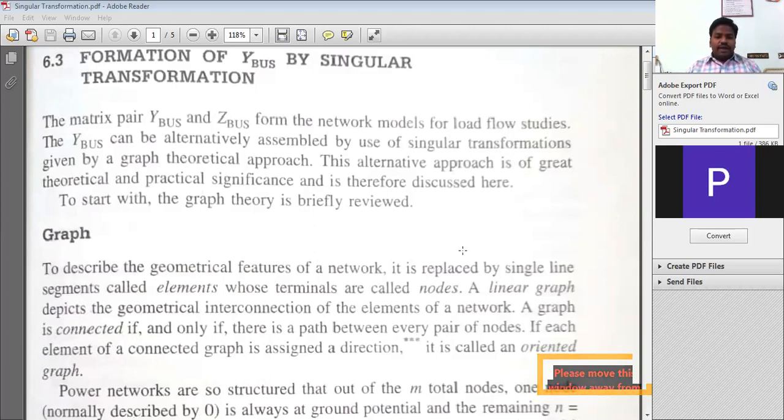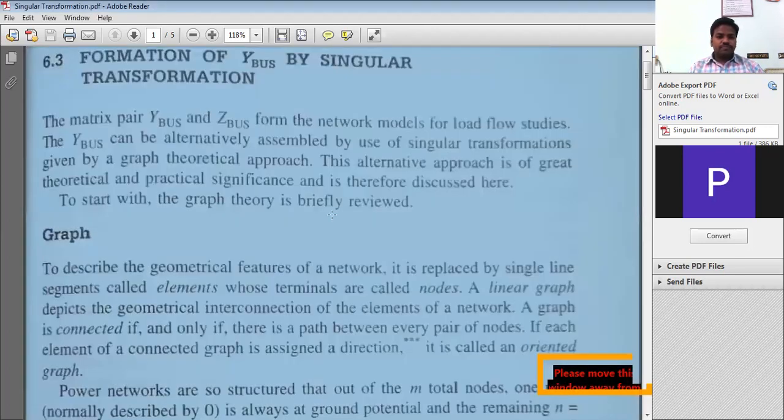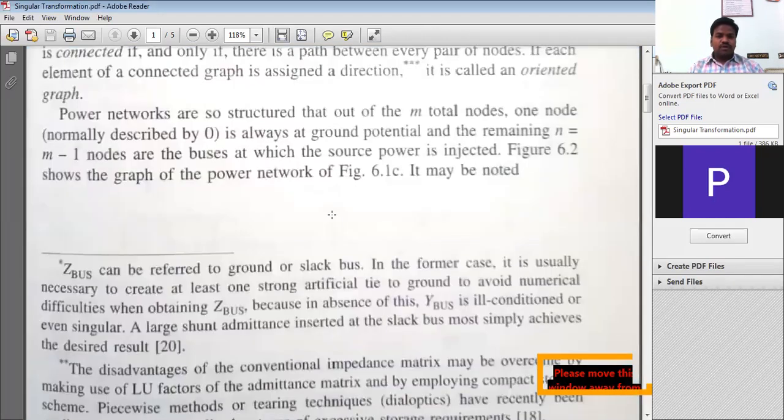Now, in a particular graph, you will have the information regarding elements and the nodes. Already we know that the element is nothing but a straight line segment which connects two nodes. The linear graph is shown in the, just wait a moment. Now see here.